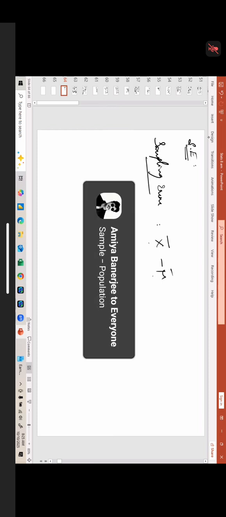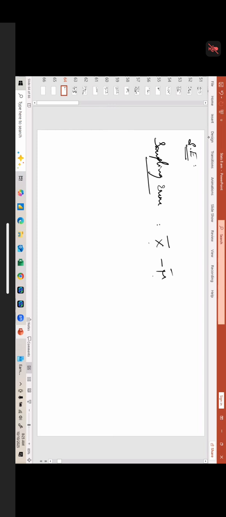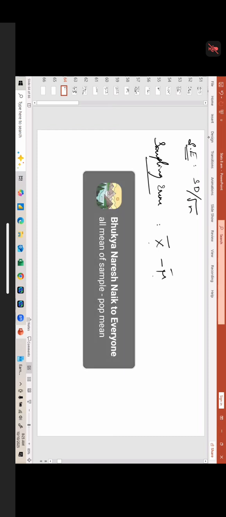Now what is standard error? Tell me this one, or at least the formula to calculate standard error. Standard deviation divided by under root of n. Now tell me the definition of standard error.